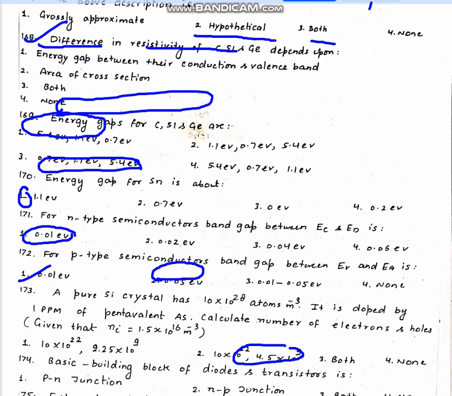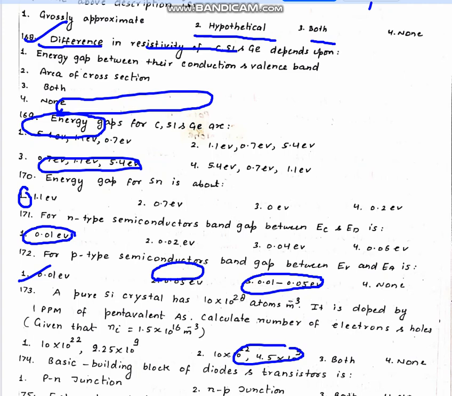And for P-type semiconductors, the band gap between EV and EA, this is in the range of 0.01 to 0.05 electron volt.